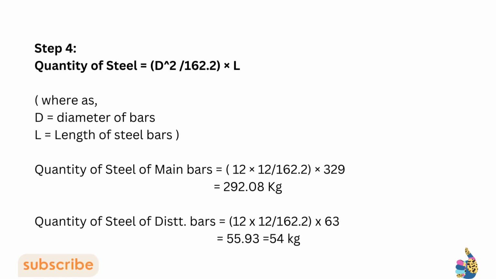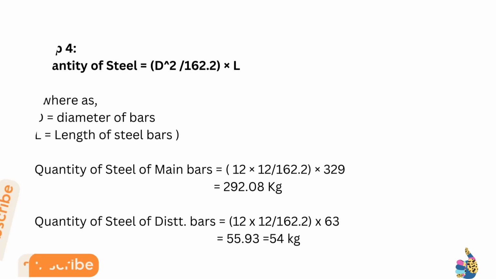So it's coming out to be 292.08 kg. Again, the quantity of steel of distribution bars, we are choosing 12 mm dia, 12 square divided by 162.2 multiplied by 63. So it's coming near about 54 kg.